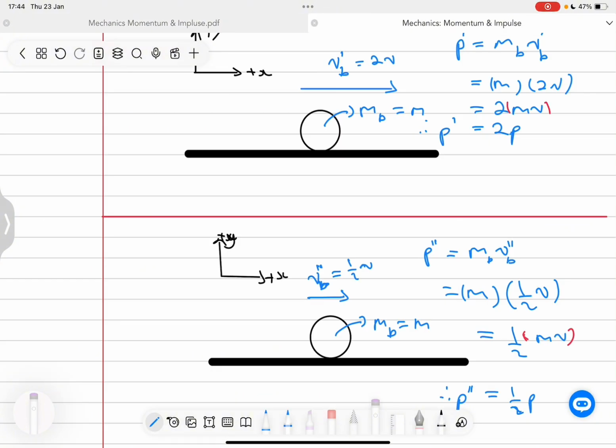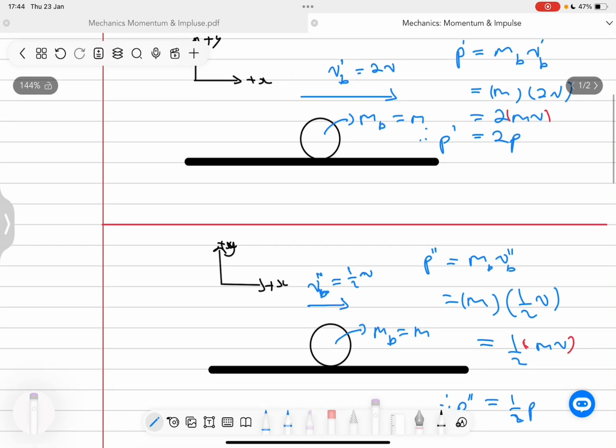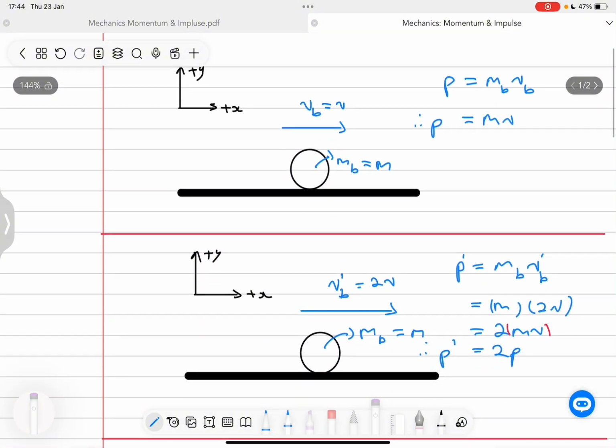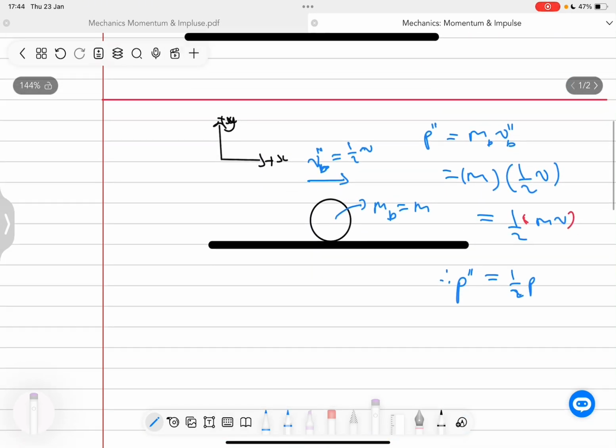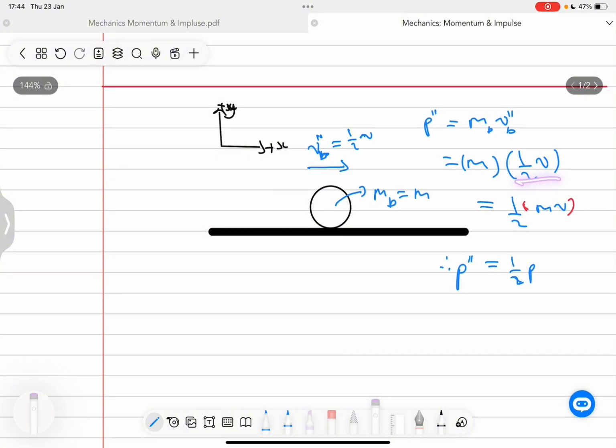Just to emphasize that point, let's also look at the first scenarios that we did. The same thing here, when we were changing the velocity to be 2v from v, we made sure that the mass doesn't change. We're using m the way it is. The same is true here.